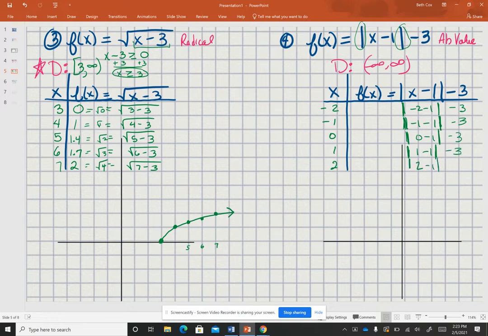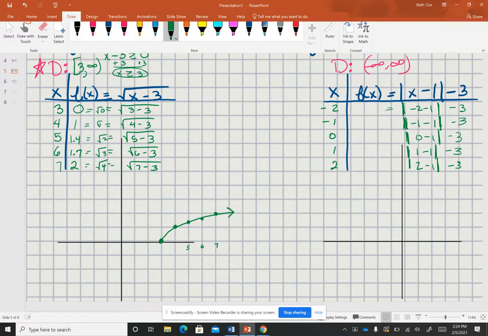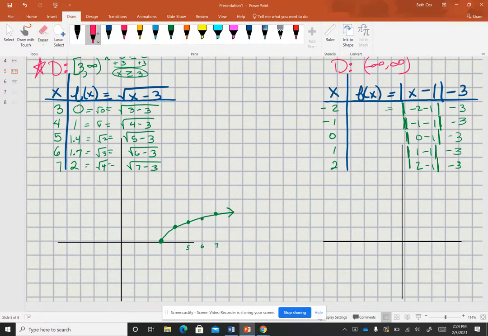And 2 minus 1 in the bars, and then subtract 3. Okay, so let's do this carefully. I'm going to slow down because I know I've been going really, really fast.